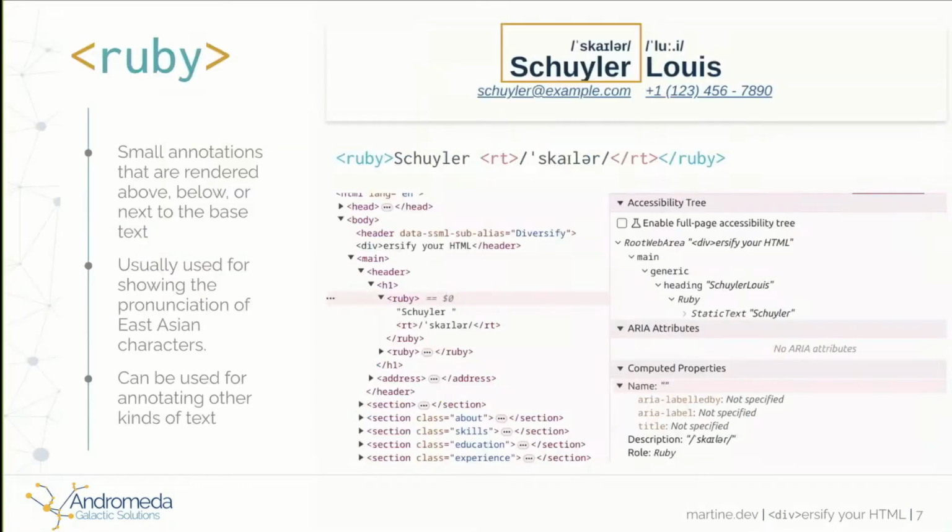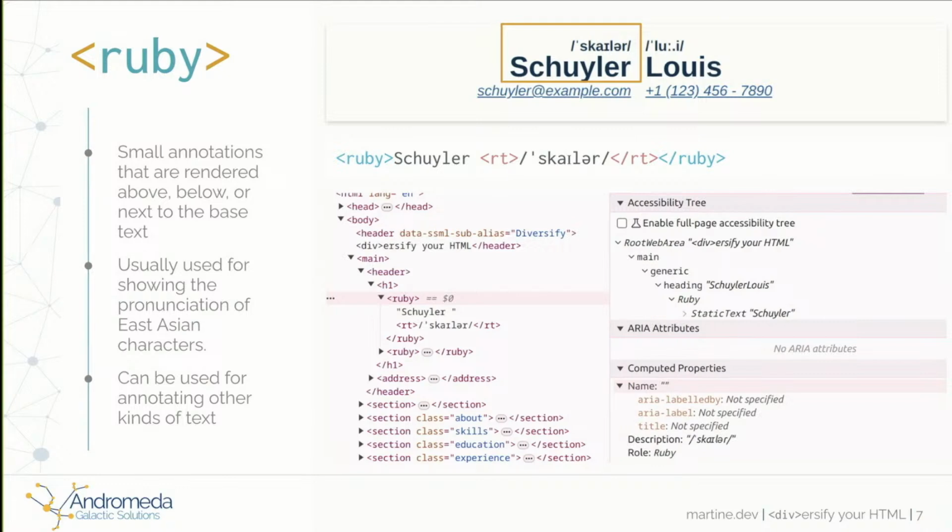If we look at how the Ruby looks under the covers, we'll see that it has the RT element. That's where you put in that pronunciation. Most often you'll see it used for Asian characters, but you can use it for anything that gives you pronunciation guides.